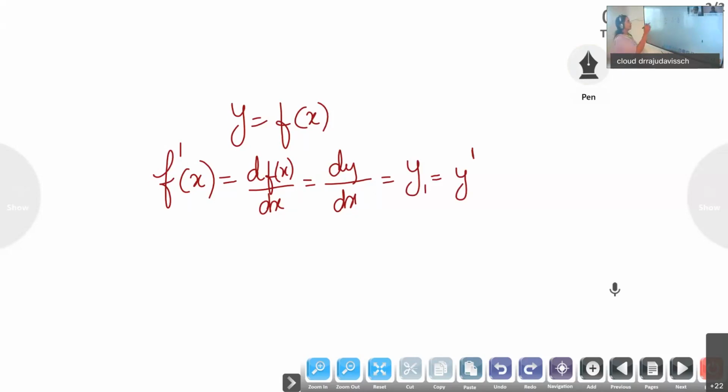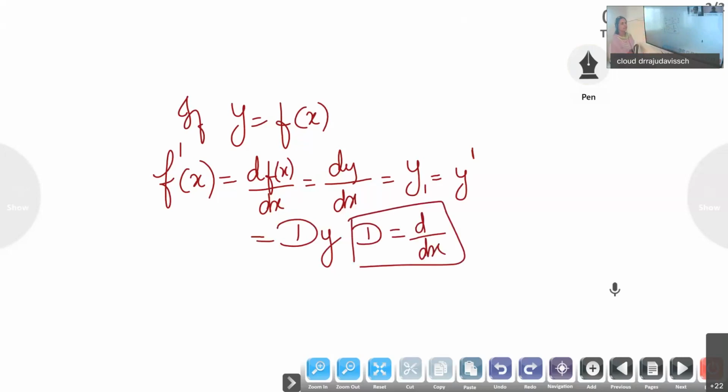If y is f of x, then f dash of x can be denoted as df by dx, dy by dx, y1 or y dash. In some reference books you will also get the notation capital D y, where capital D is d by dx.